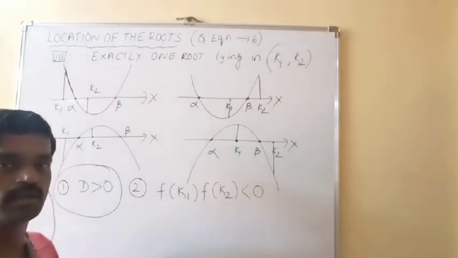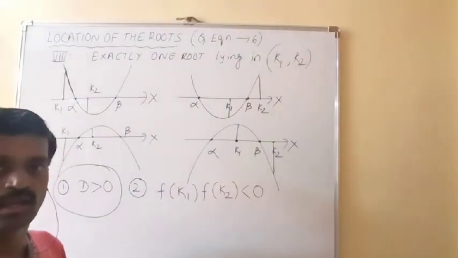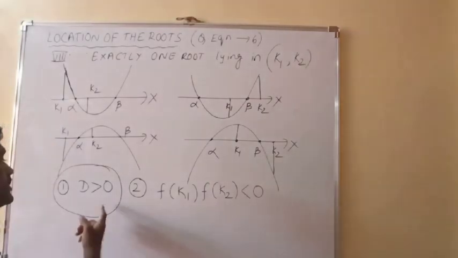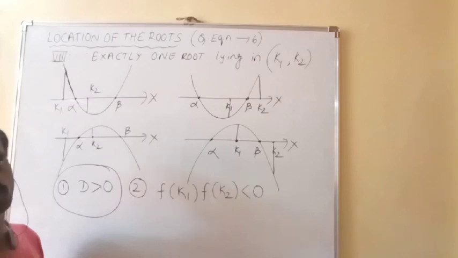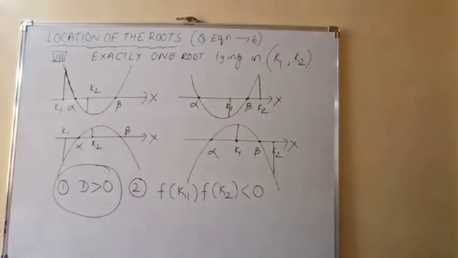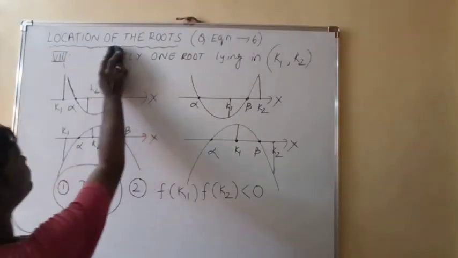Why am I repeating again and again? So that you won't check this condition and can save time while solving those problems in the examination. Next, not the ninth condition, the eighth case is over. Next, the ninth case.